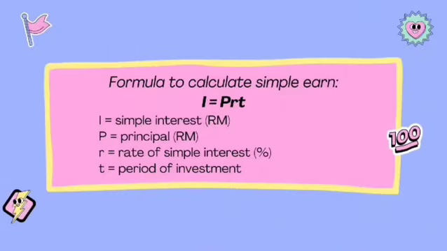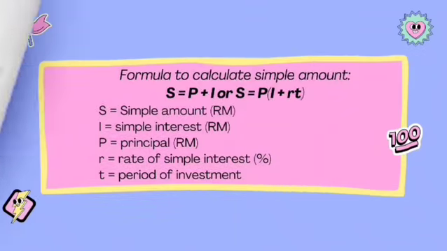The methodology for simple interest has two formulas. The formula to calculate simple interest is I equal PRT. I is simple interest, P is principal, R is rate of simple interest, and T is period of investment. The formula to calculate simple amount has two methods.